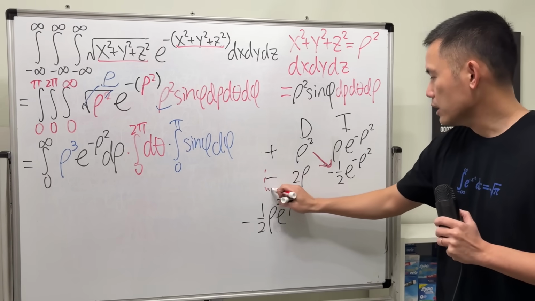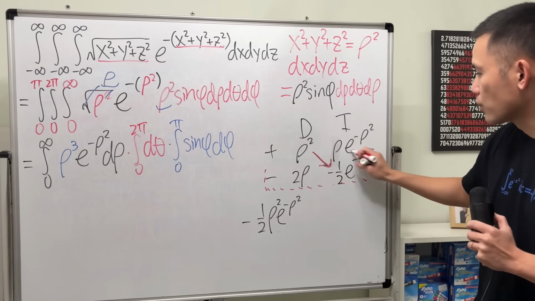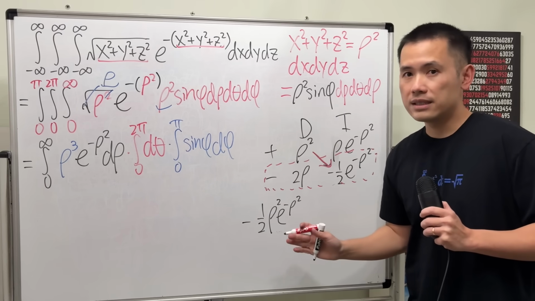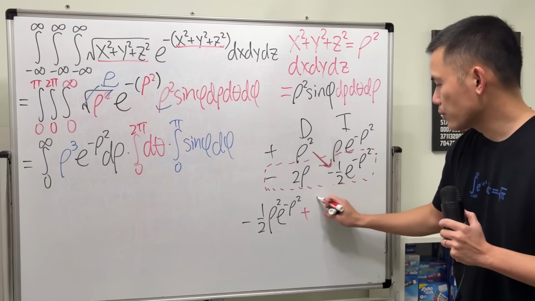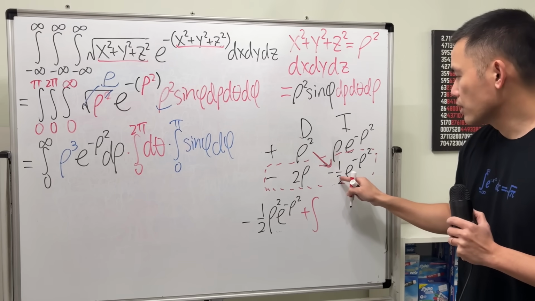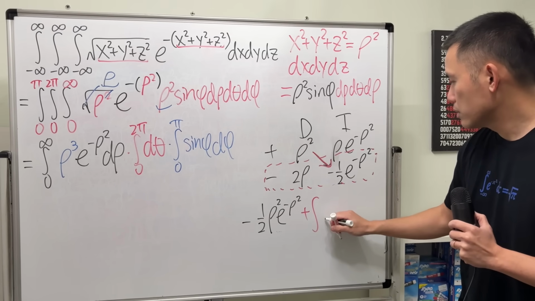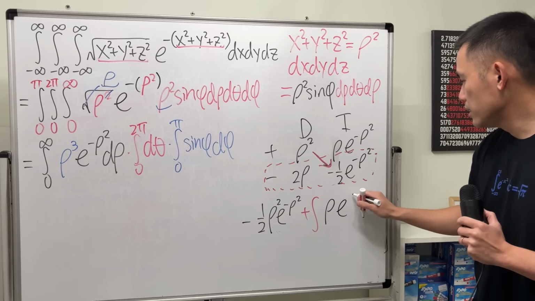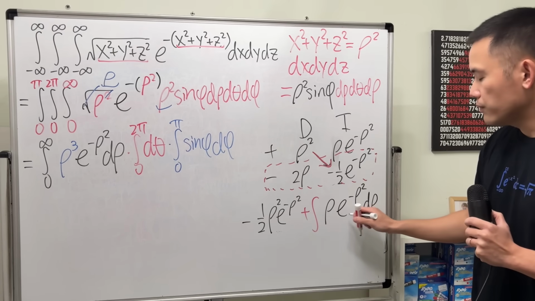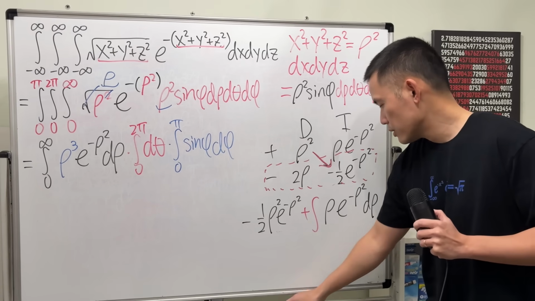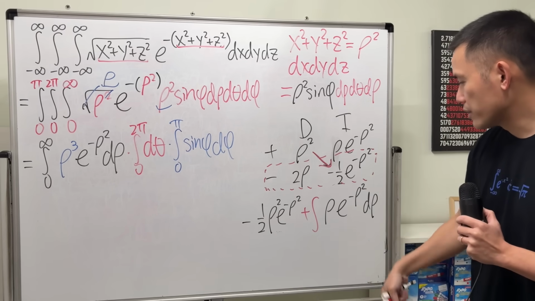Then I'm going to multiply these two things in this rho, and then put that inside of integral. Negative times negative, so it's going to be a plus integral. 2 and 2 cancel, so we just have rho, and then e to the negative rho square. And for this, we can just do u sub again. So it's pretty much the same one right here.